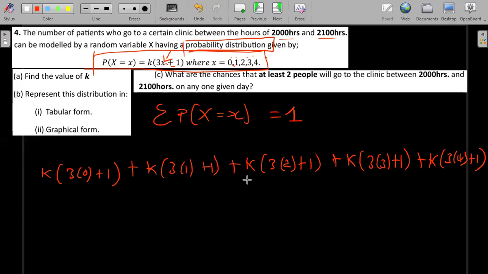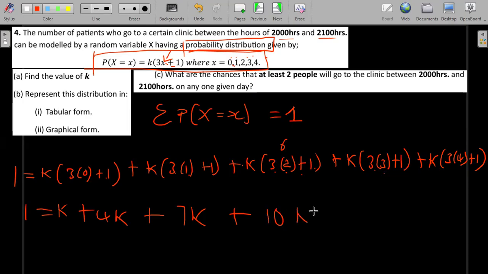The summation of all these probabilities should be equal to 1. So 1 is equal to k, because 0 plus 1 is 1, and k multiplied by 1 is just k, plus 3 times 1 is 3, plus 1 is 4, so 4k, plus 3 times 2 is 6, plus 1 is 7, so 7k, plus 3 times 3 is 9, plus 1 is 10, so 10k, plus 12 plus 1 is 13, so 13k.